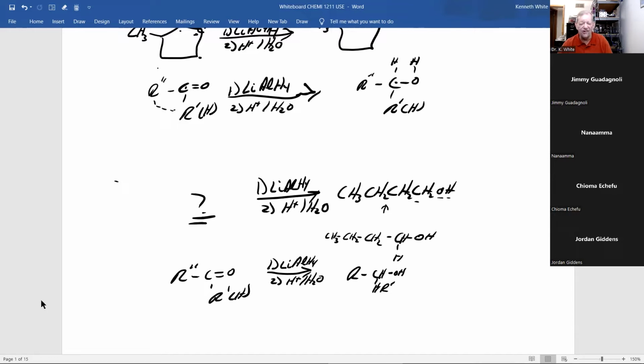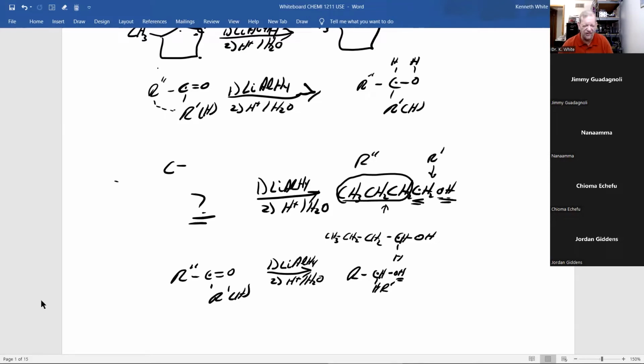And I can call this right here my R double prime, and one of the hydrogens R prime, and here's my hydroxyl group right here. If that's the case, then the carbon with the hydroxyl group, the alcohol, is the carbon that will be double bonded to oxygen, in this case, the end one.